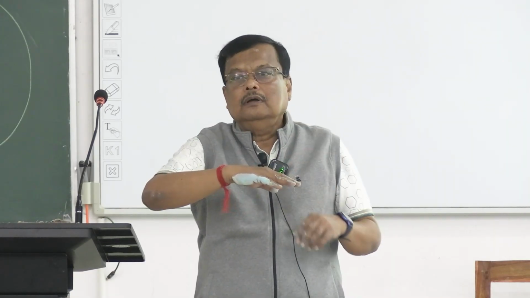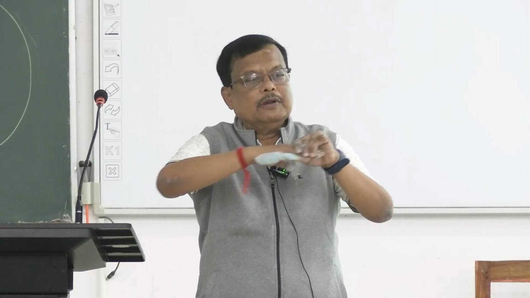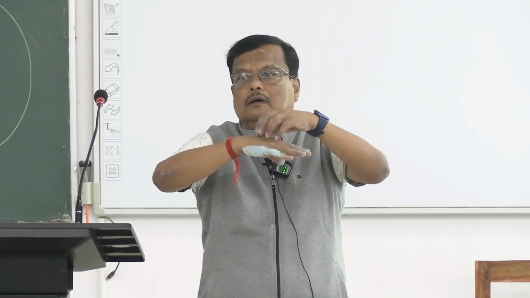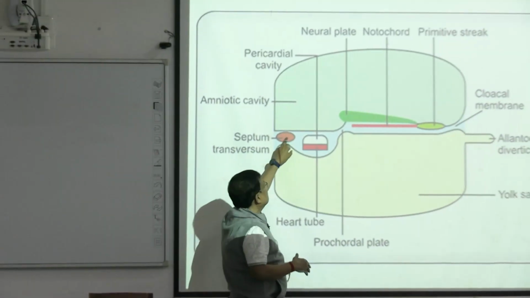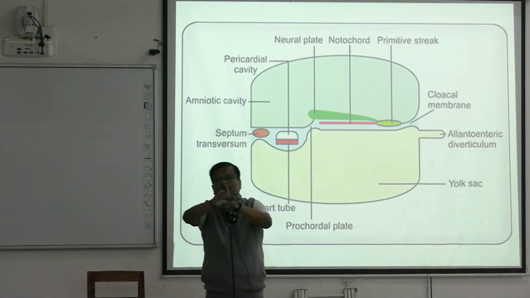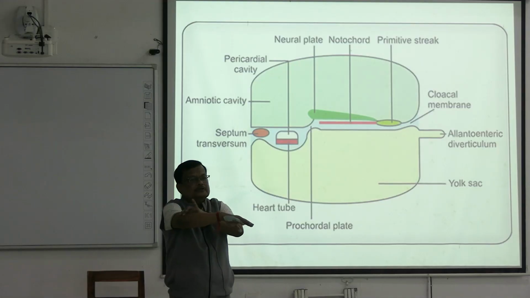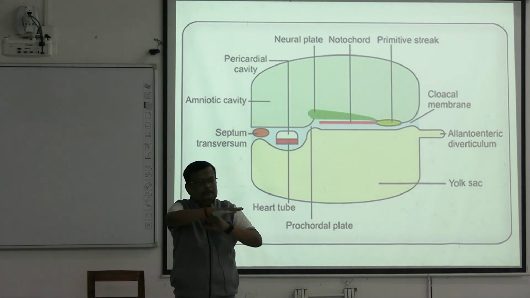This is the palm, or better to say, the fingers are the septum transversum, this is the pericardium, the pericardial cavity. In the earlier picture, here is the septum transversum, pericardial cavity, then this ridge joint is the buccopharyngeal membrane, and here is the neural tube, forebrain, midbrain, hindbrain, right? This forearm.